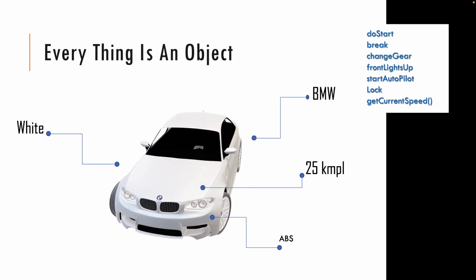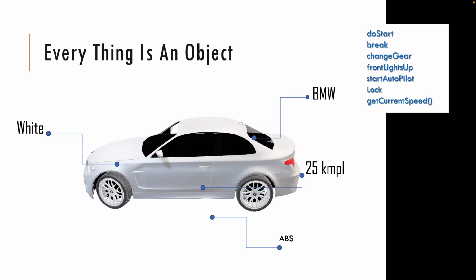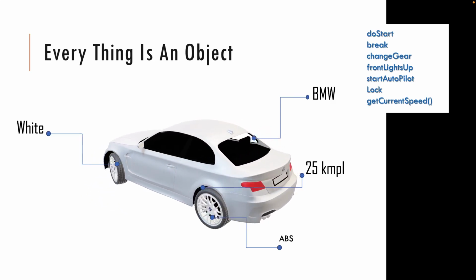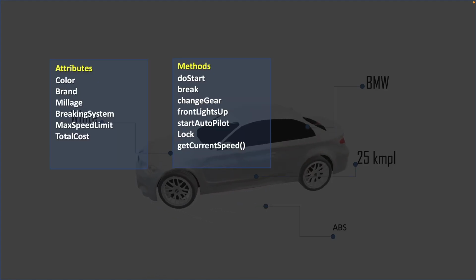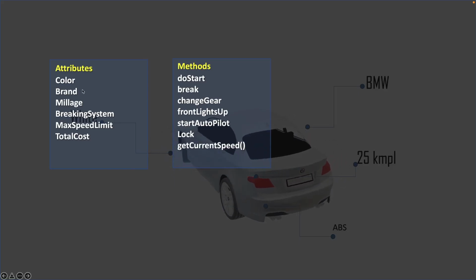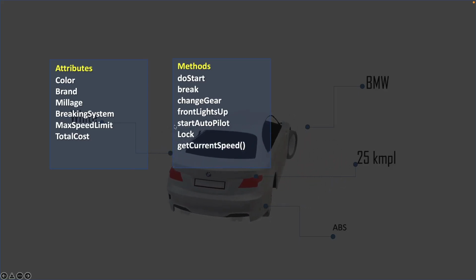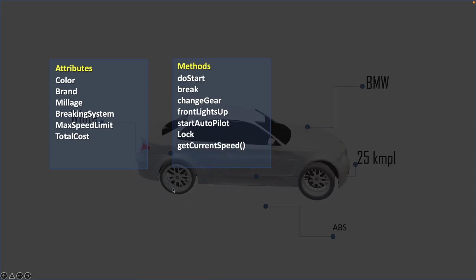Those are actions taking place, so that is behavior, and we call them methods. Like you can see here, the attributes are properties such as color, brand, mileage, braking system, and methods are the behavior.